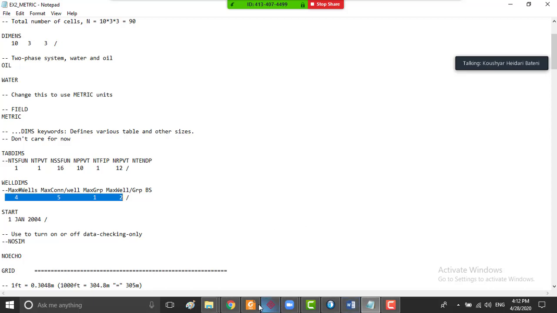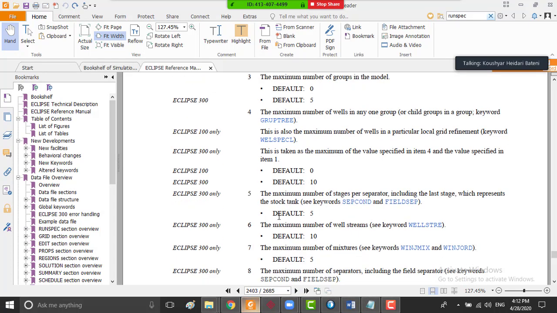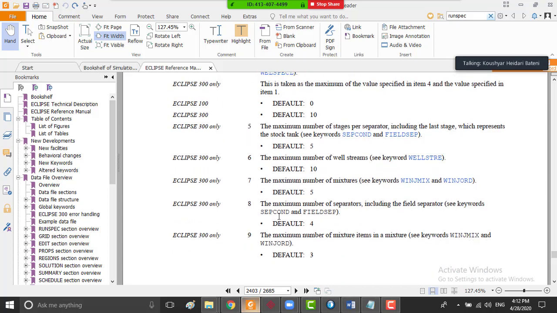And here in the reference manual, it explains what the default value is that the simulator is going to consider for the fields that we haven't written the data for. For example, for the 5th field, the default value is 5. For the 6th field, the default value is 10. For the 7th, it is 5. For the 8th, it is 4, and so on.